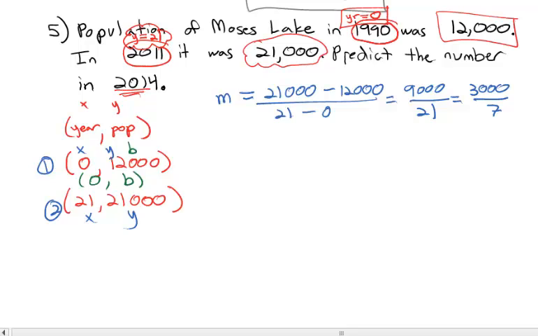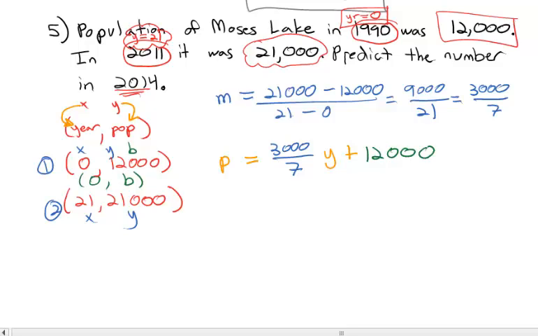So we can come up with our equation then. Y equals m, the slope, we're getting 3,000 over 7 people every year, times the year. Let's not use y equals. Let's use p equals, because y is the population. So we're going to use p instead, and we're going to use y for the year, plus b, the y-intercept. The starting value was 12,000 people.